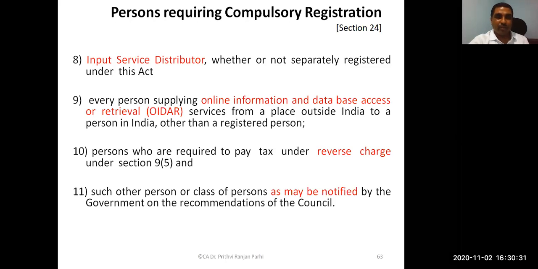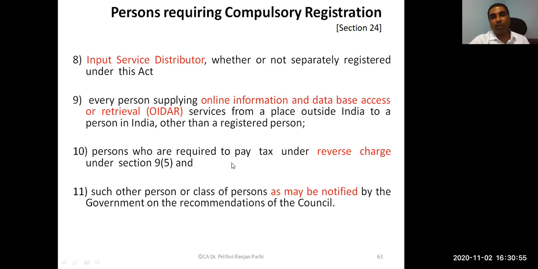Then one more category: persons who are supplying online information and database access or retrieval, OIDAR. These persons are also required to get themselves registered.